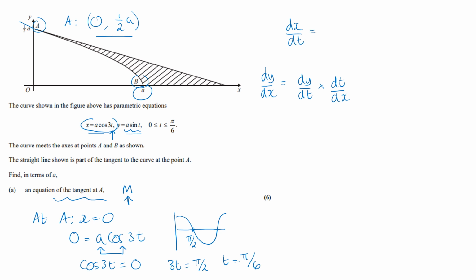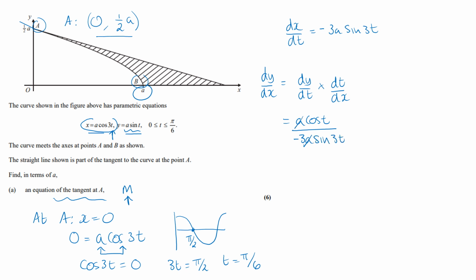So let's just do that separately. Dx by dt is going to be minus 3a sine 3t. Okay, so dy by dt is going to be a cos t times, and we need to turn this upside down, so that will go over minus 3a sine 3t.